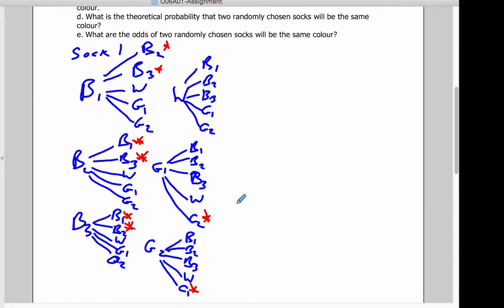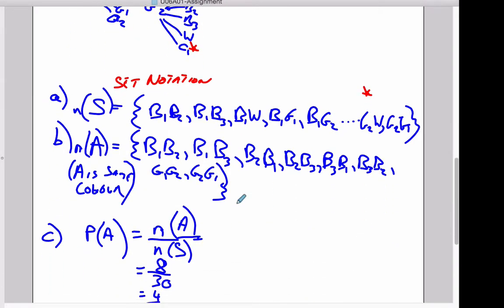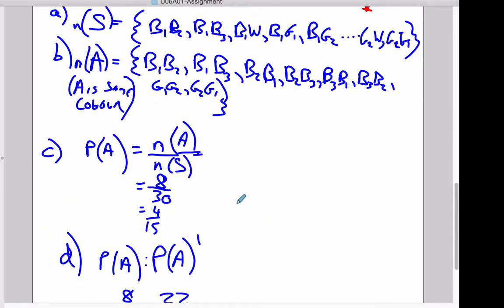So out of the 30 possible outcomes, there are 8 favorable outcomes where you select a second sock the same color as the first one. That comes out to 8 out of 30. This is actually the proper way of showing your notation. And this reduces to 4 out of 15.